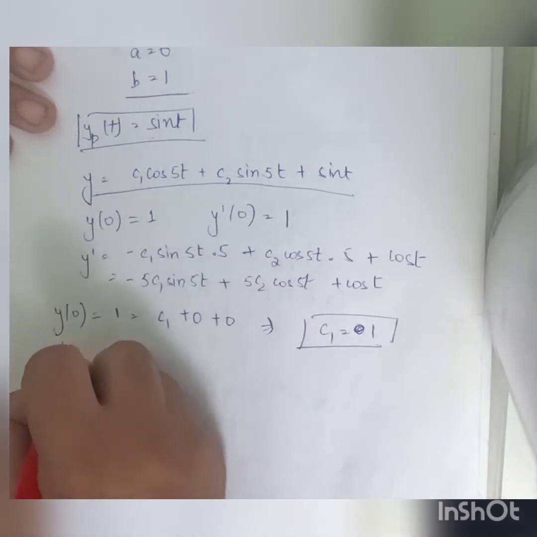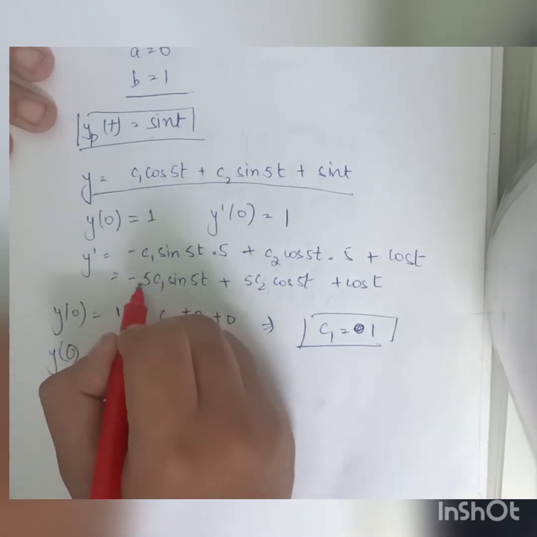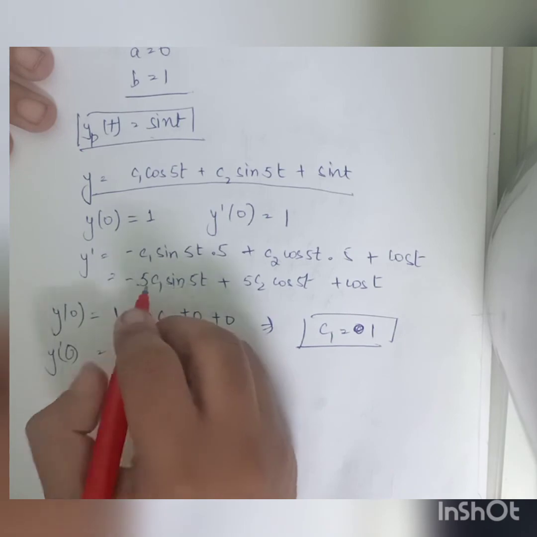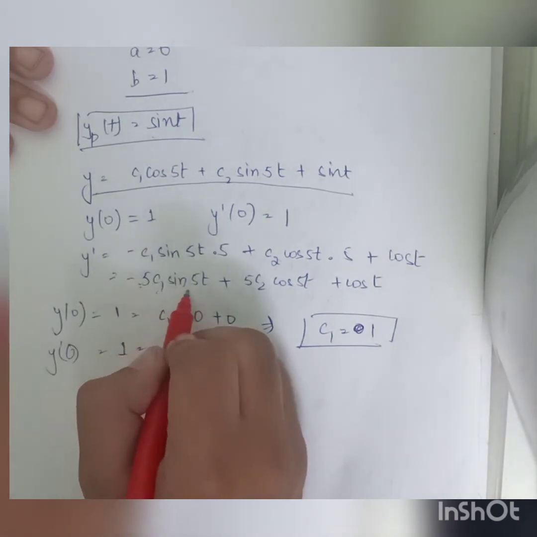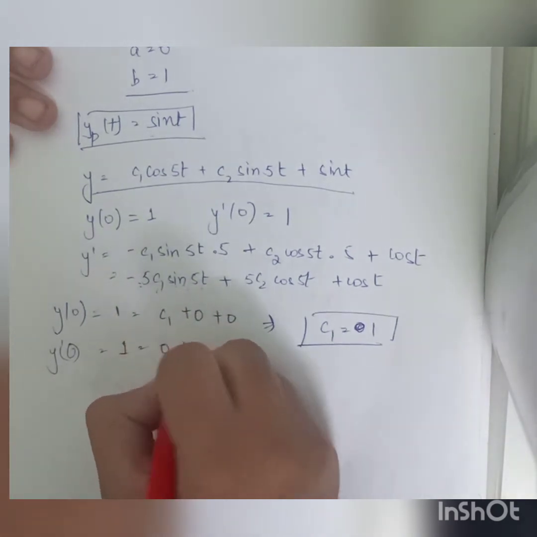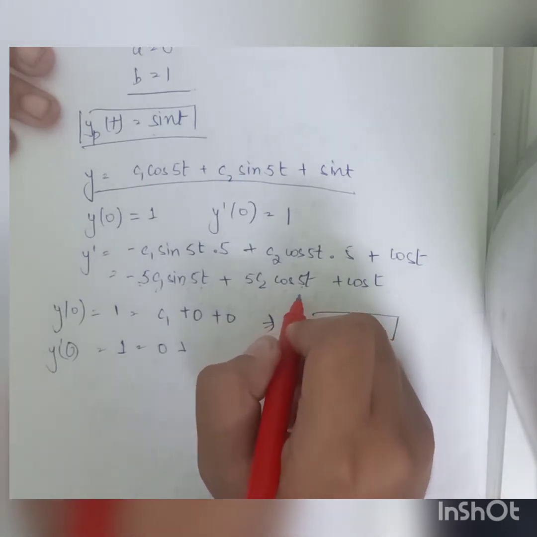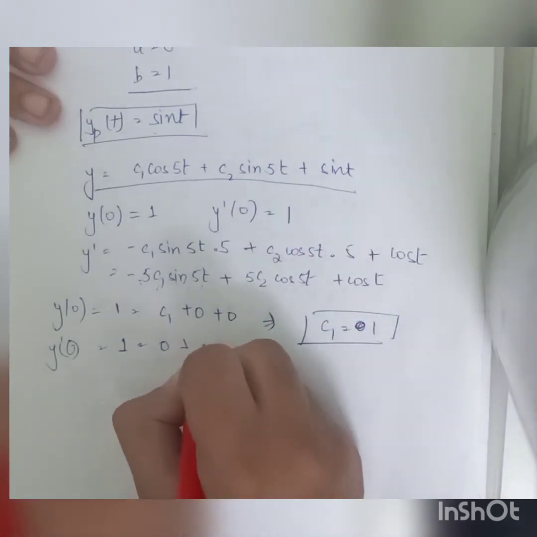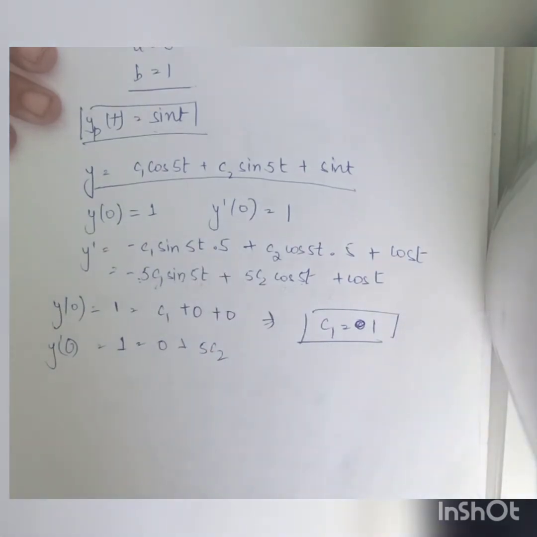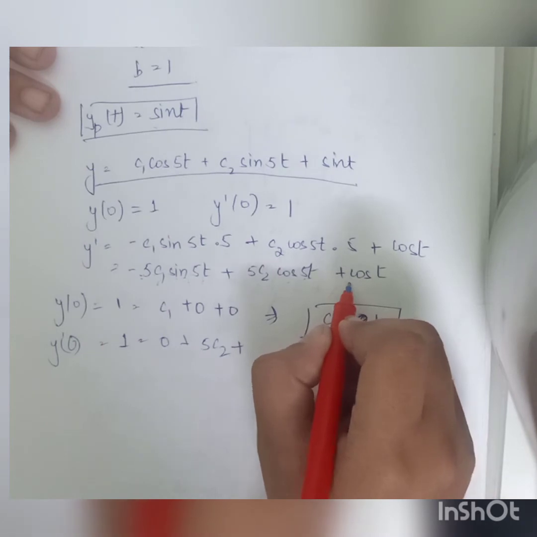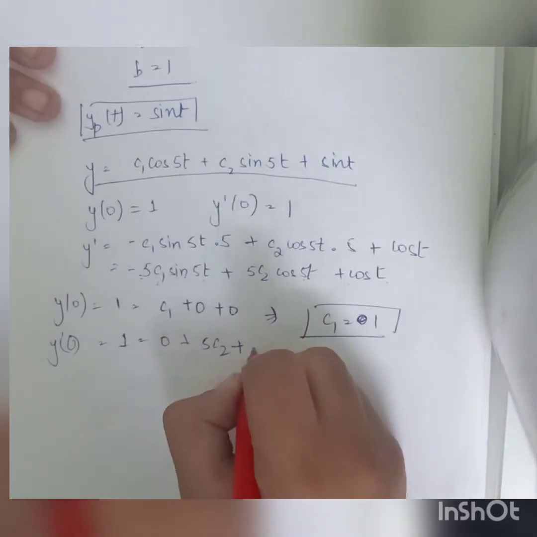We do it for y dash (0). y dash (0) is equal to 1, which is minus 5 c1 sin 0, and sin 0 is 0, plus 5 c2 cos 0, and cos 0 is 1, so 5 c2, plus cos 0, which is again 1.